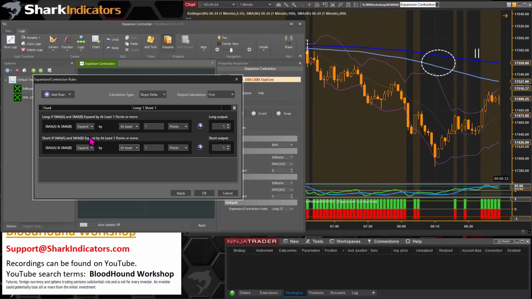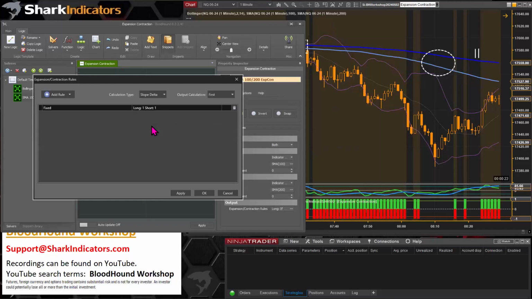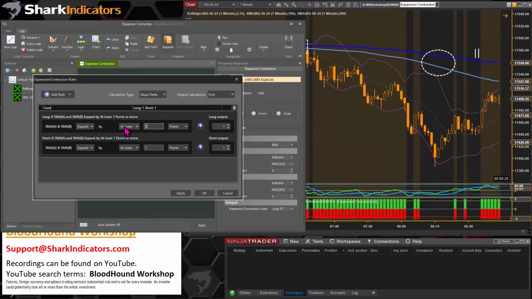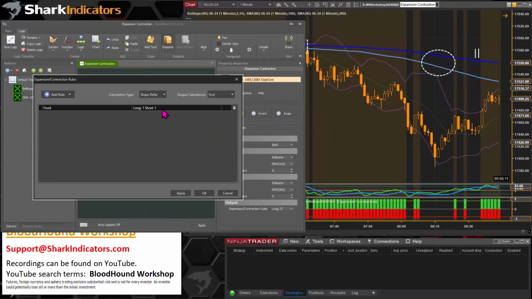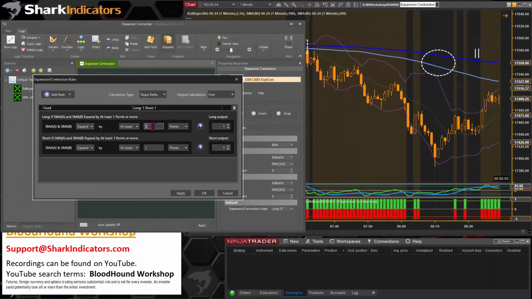If you're looking for volatility expansion within your system here, then you're probably going to use the expand at least. You would use the at least far more often than the minimum, right? Because you might be saying, okay, my system works best when there's extreme expansion within the market here.